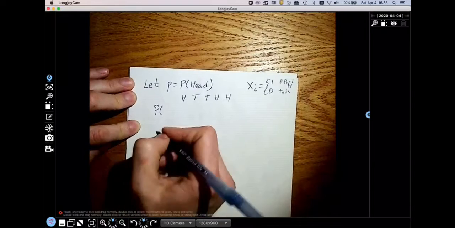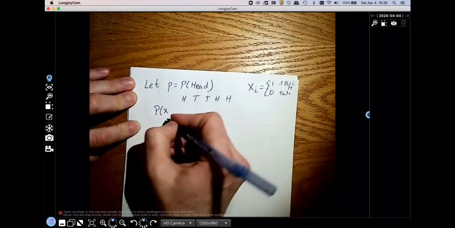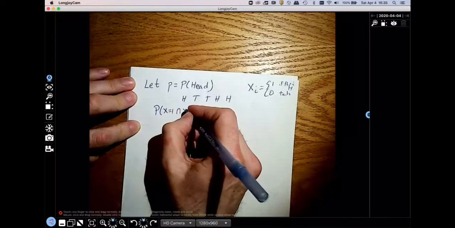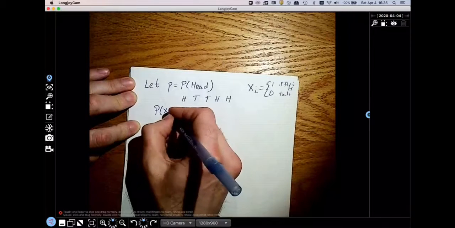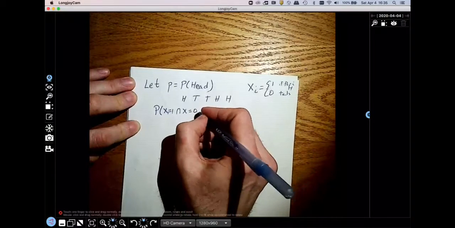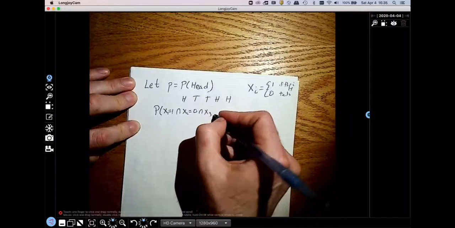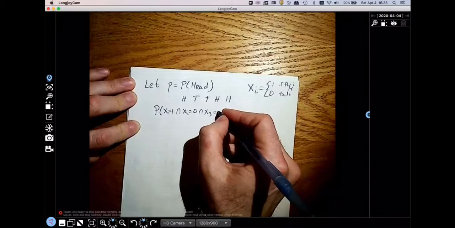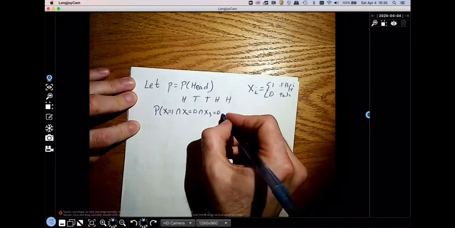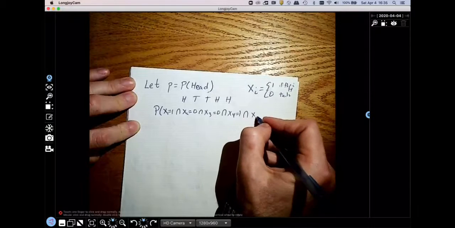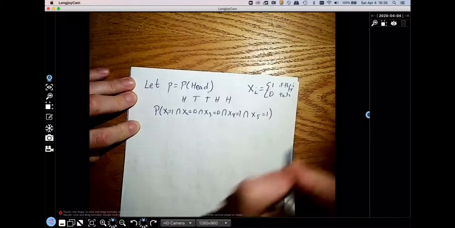So what is the probability that x1 is equal to 1 and x2 is equal to 0, and x3 is equal to 0, so that's a tail, and x4 is equal to 1, and x5 is equal to 1?